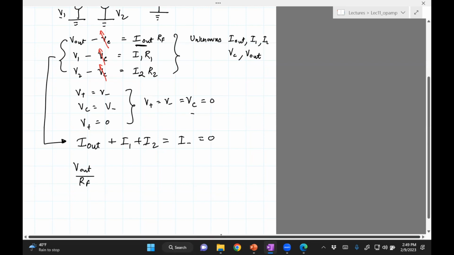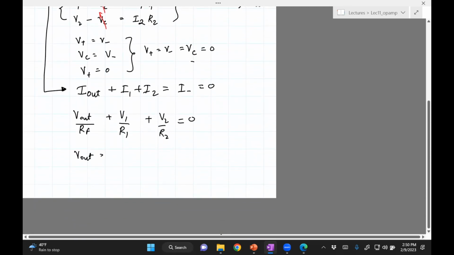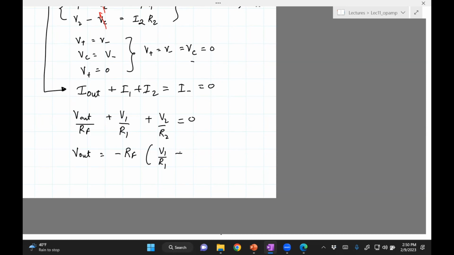Second one, I1 is V1 divided by R1, and I2 is V2 divided by R2, all equal to 0. And so we can write V out is minus RF times V1 divided by R1 plus V2 divided by R2.